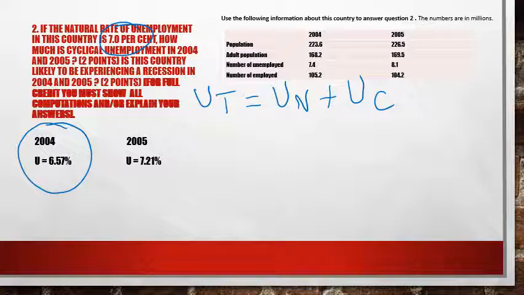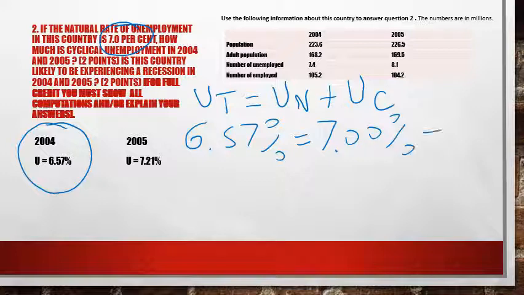We have already calculated the total unemployment rate, which is 6.57%. We know the natural rate of unemployment, 7%, and UC is what we're trying to calculate.